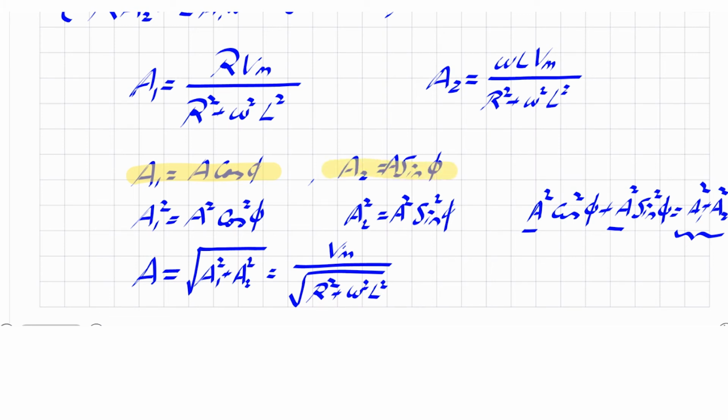We're going to use A2 divided by A1. We end up with tangent phi is equal to A2 divided by A1. That gives us phi is equal to inverse tangent of A2 divided by A1. So A2 is this and A1 is this.